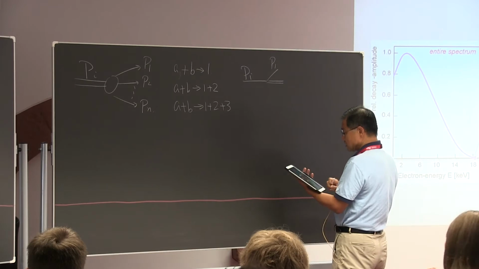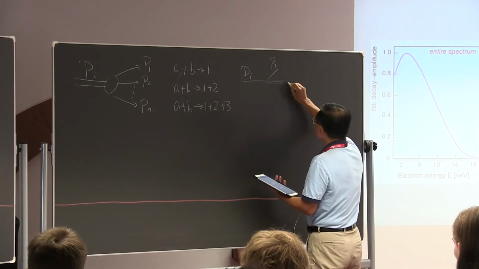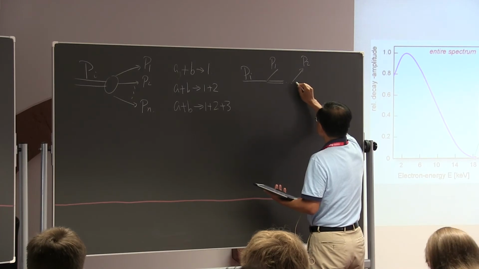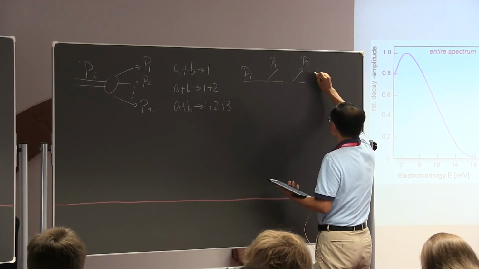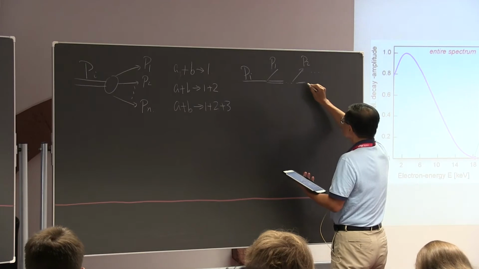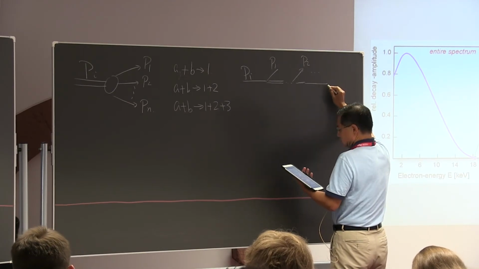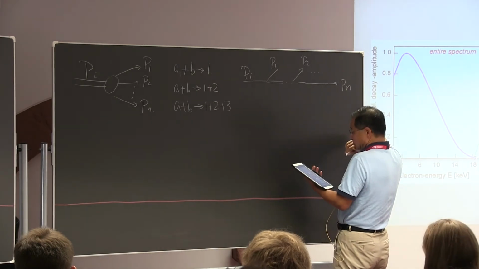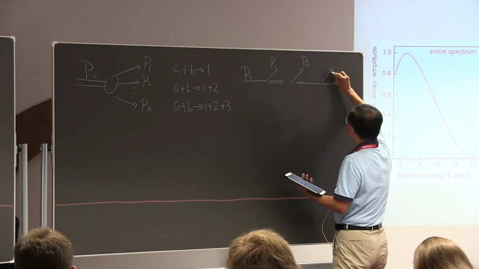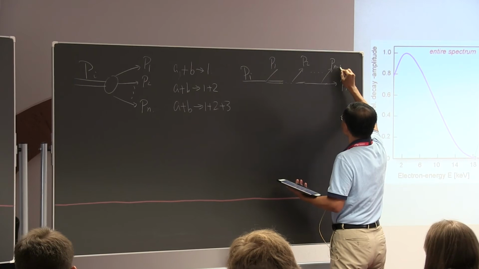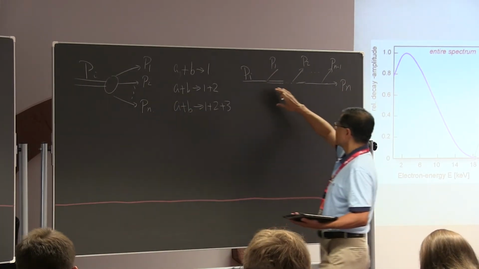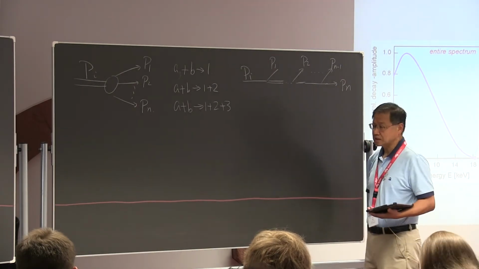You could continue on, particle 2 going out, and on and on. Eventually you reach the last one, particle n. But before particle n, you have n minus 1. That's the same as this, just a different way to draw the process.